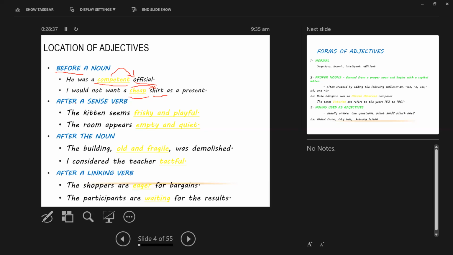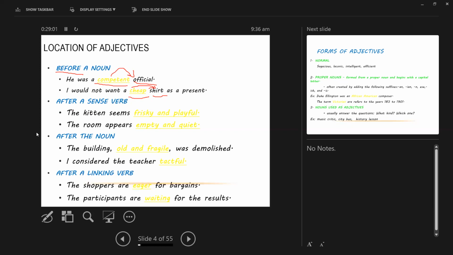Now, here it says that an adjective can be seen after a sense verb. Pero wait lang, ma'am. What is again the meaning of sense verb? Okay? Again, it's very easy. When we say sense verb, it talks about your senses. We have five senses.